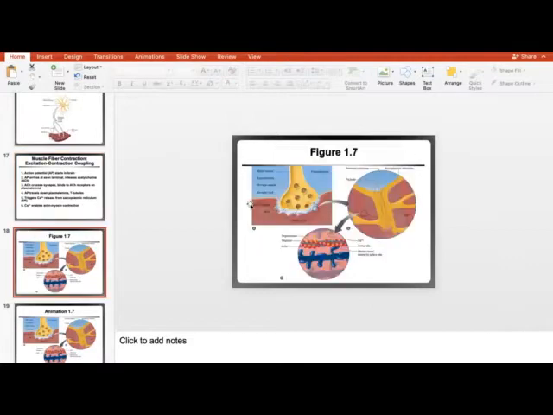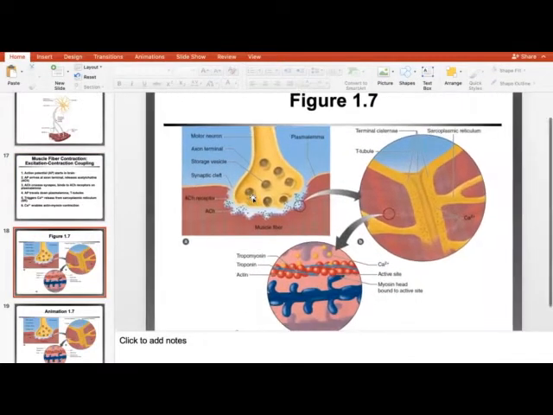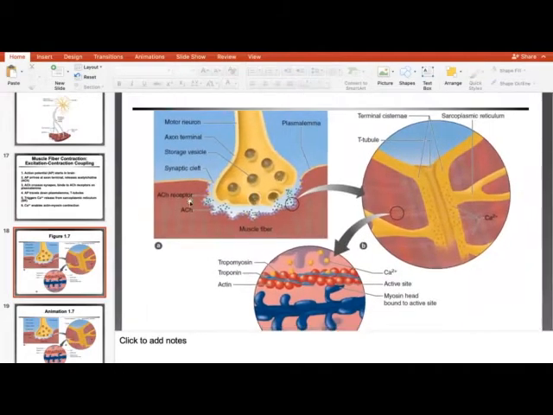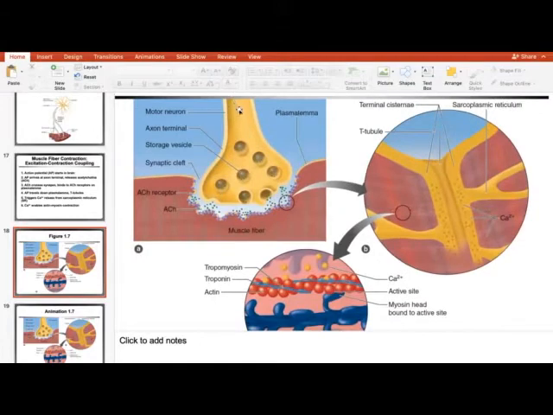So we'll take a look at this figure here. Now we'll just talk a little bit about this acetylcholine. So this is your neuron. This is the neuromuscular or the synaptic cleft. This is the synapse between the motor neuron and the plasmalemma, the outside layer of the muscle fiber.